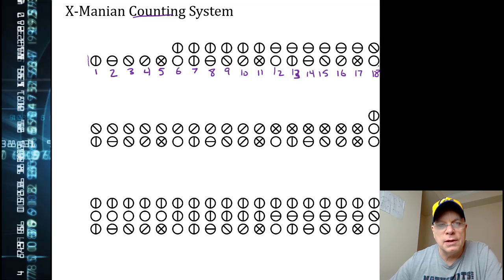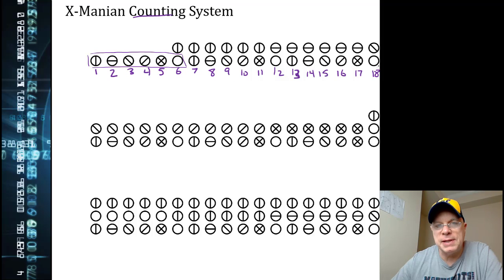And so actually, no matter how many of these different symbols you look at, there are only 6 distinct symbols. When we get to 12, that pattern is repeated.